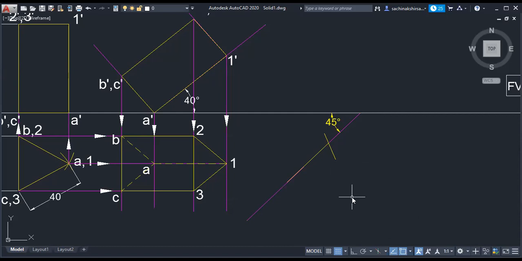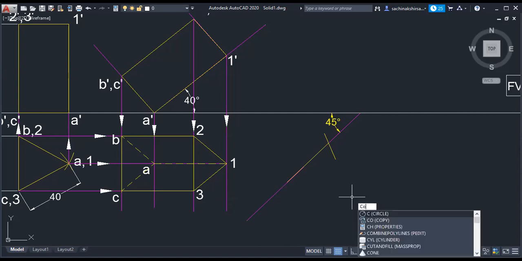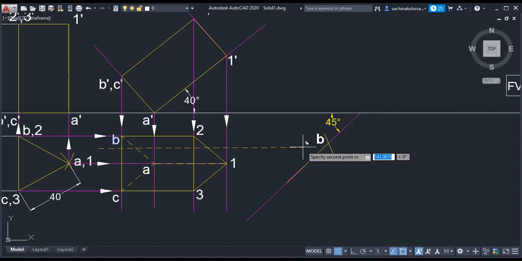I will give the name BC to that. BC line I have located on the 45-degree.